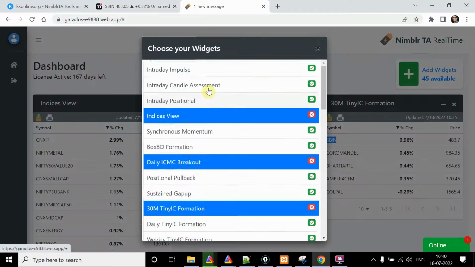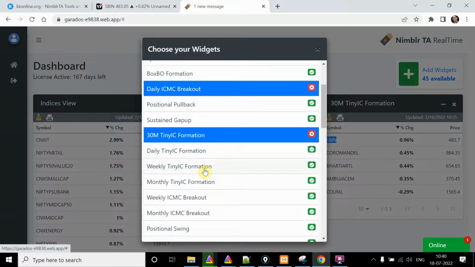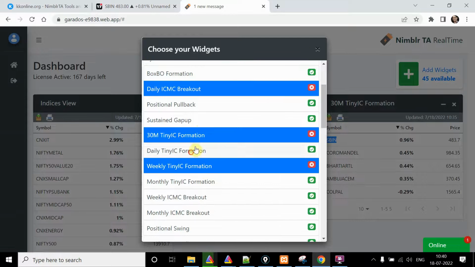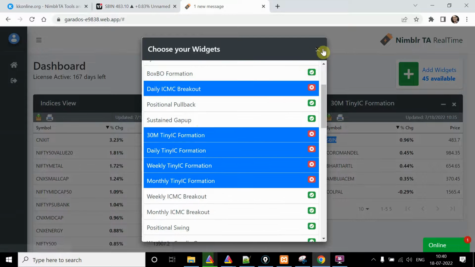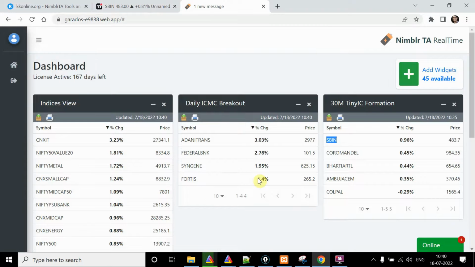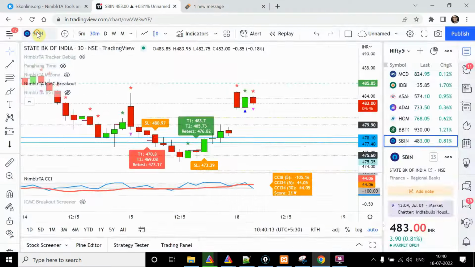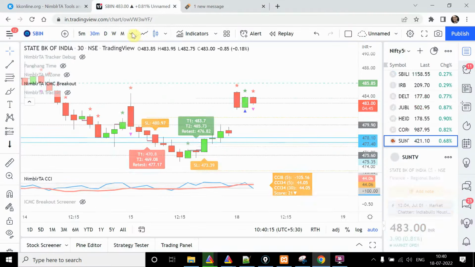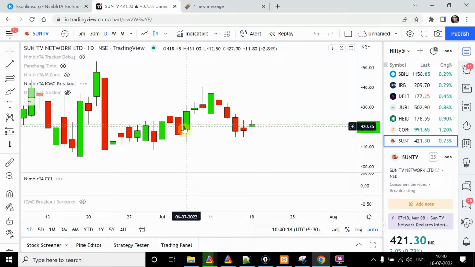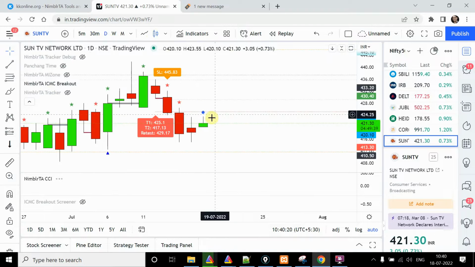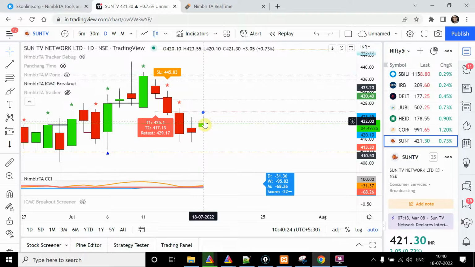Similarly, in case I am interested to see where the weekly TinyIC formations or daily or monthly TinyIC formations are, I can easily track the same. I would go to Sun TV, for example, on a daily chart and see if the TinyIC is being formed at this very moment. So yes, we see over here the TinyIC is being formed at this very moment on Sun TV.